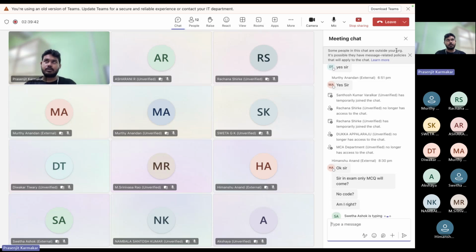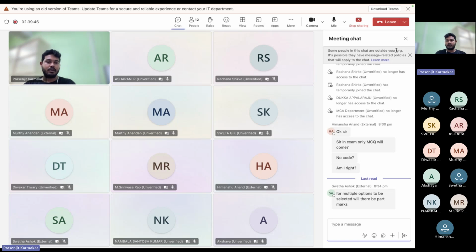Okay. And there should be some numericals too. So for example, a data set can be given for multiple options to be selected where there are part marks. Yeah, I don't know what policy they will take. I guess if you choose all the correct answers, then you will get the marks. Otherwise, you will not, right?